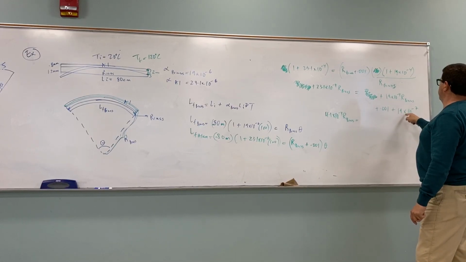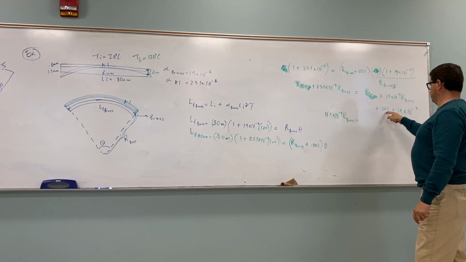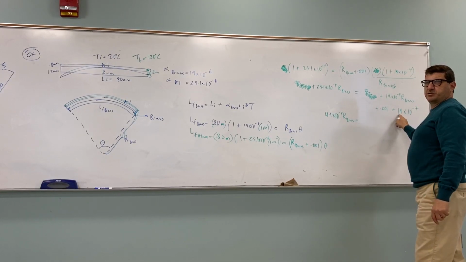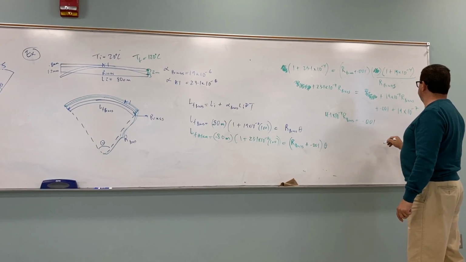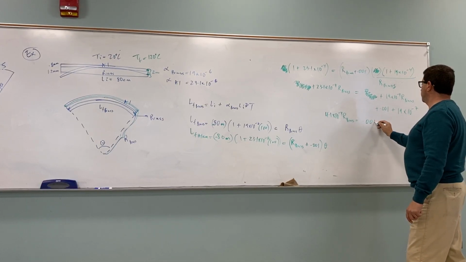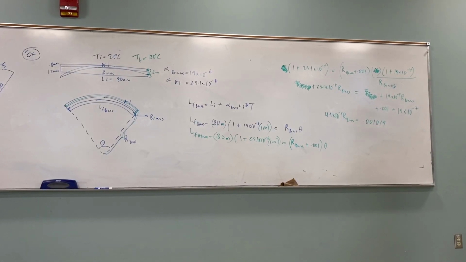Oh, this is such a small number, it doesn't affect this too much. Let's see, it's 5 zeros, right? So is it 0.001, 2, and then 5. So 1, 2, 3, 4, like that. I'm doing it in my head. This plus this.